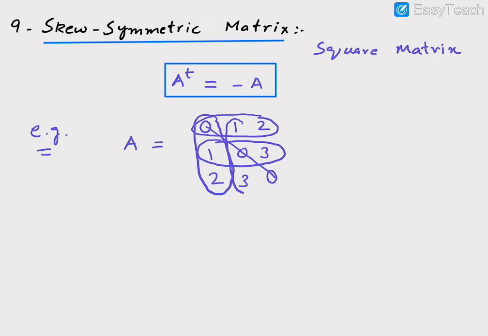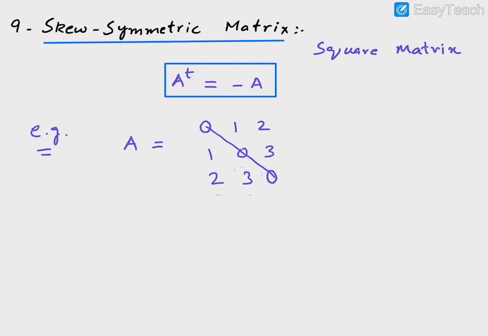Now you can see 0, 1, 2, 1, 0, 3 I have written here, and 3 here. This is matrix A. Now write minus also here: minus 1, minus 3 and minus 2.